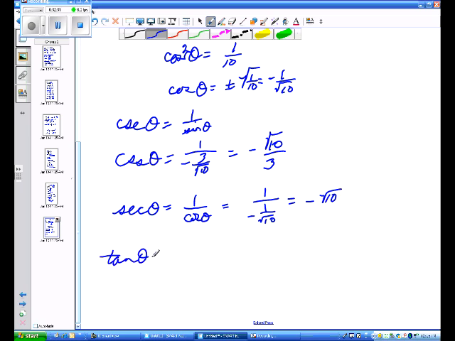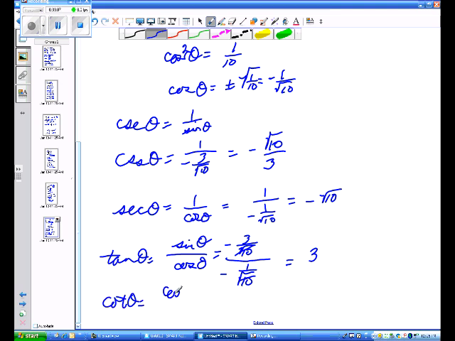Now the tangent of theta is the sine of theta over the cosine of theta. The sine of theta was negative 3 over the square root of 10, and the cosine of theta was negative 1 over the square root of 10. If your denominators are the same, they cancel. We have 3 divided by 1, which is 3. A negative divided by a negative is a positive. The cotangent of theta is cosine over sine.